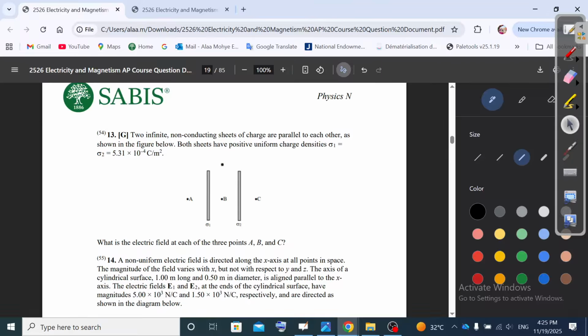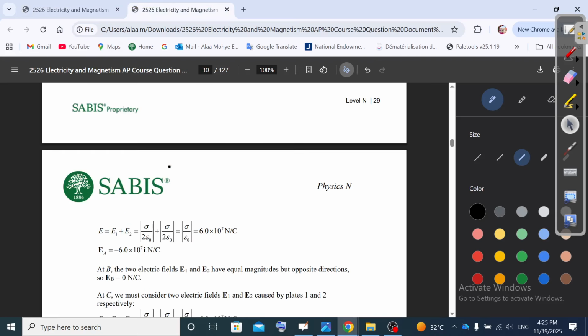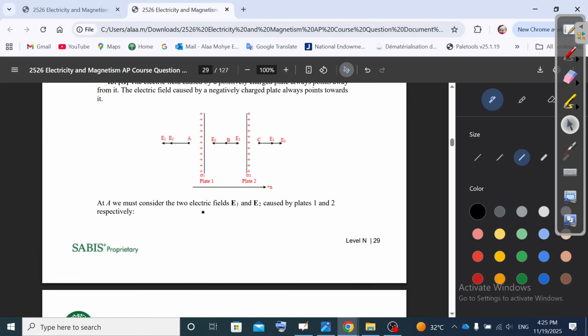Moving on. Two finite conducting sheets of charge are parallel to each other as shown. Whatever, both sheets. What is the electric field at each of the points? So this is simple, your sigma over your epsilon naught. That's it. So you just need to find your sigma and your epsilon naught. Okay?